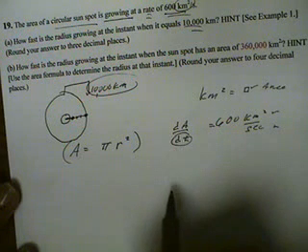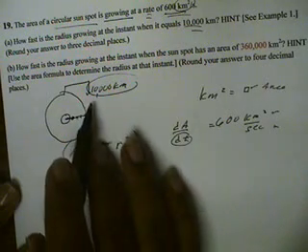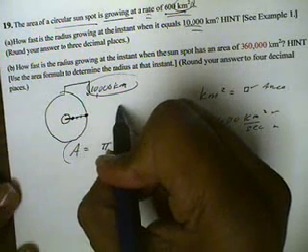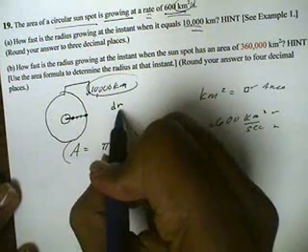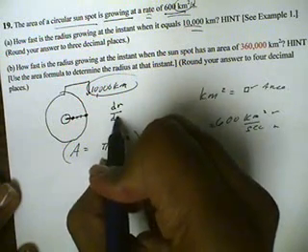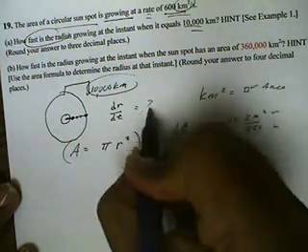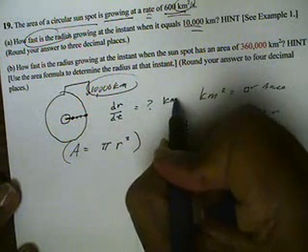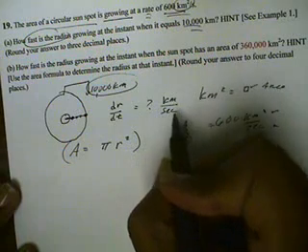Since what I'm looking for is the change of the radius per second, that's going to be a dr, change of radius per change of time. That'll give me how fast the radius is growing. I don't know the number yet, but that's going to be in kilometers per second.